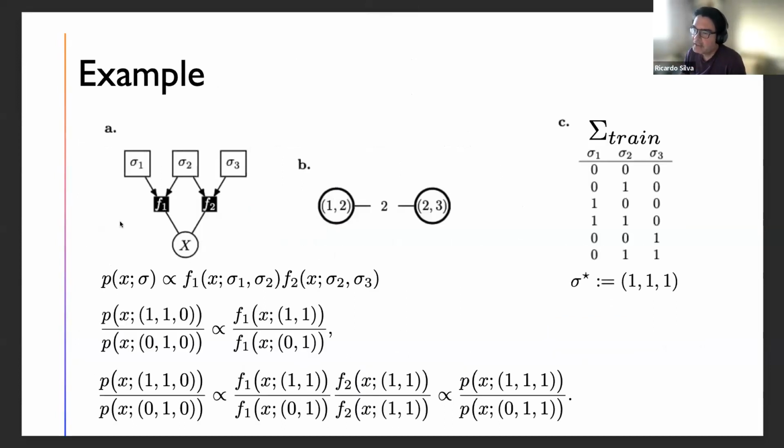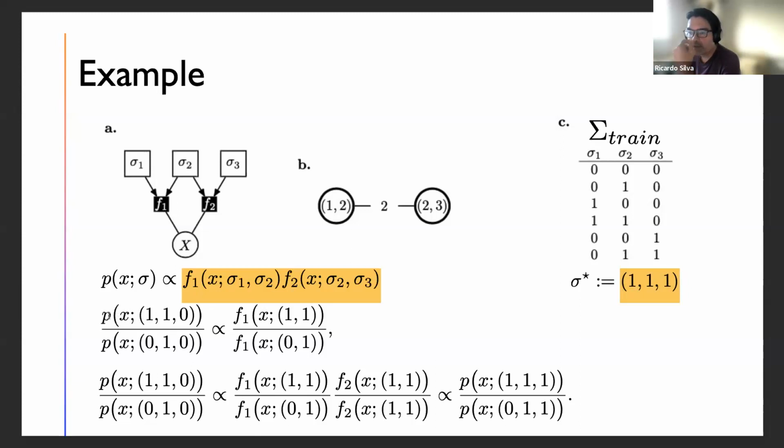Suppose you have a graph like this, and you have the corresponding energy function described by these two factors that depend on sigma 1 and 2, or which depend on sigma 2 and 3. In your data, you have all these 6 combinations of possible values of the intervention. Here it's all binary. And the target distribution of interest is what if you switch all these interventions from 0 to 1.